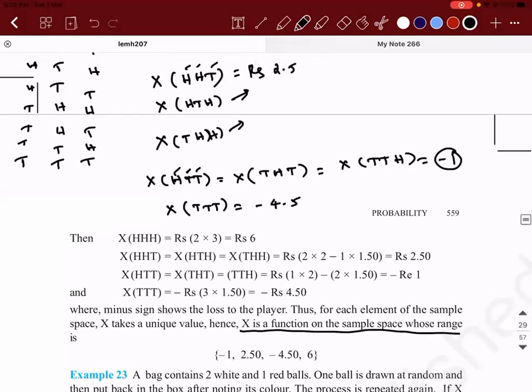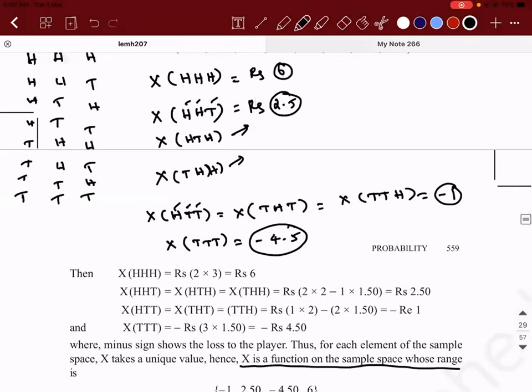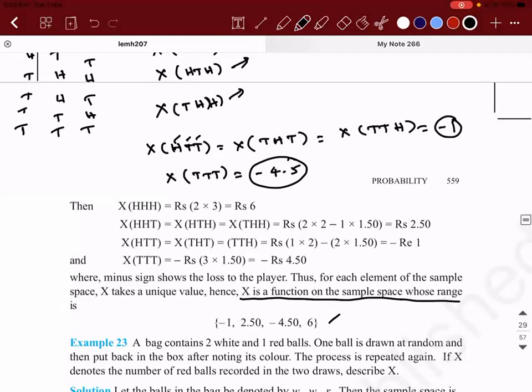It starts with minus 4.5, then minus 1, 2.5, and 6. Is it clear? Did you understand how to assign the random variables? Yes or no?